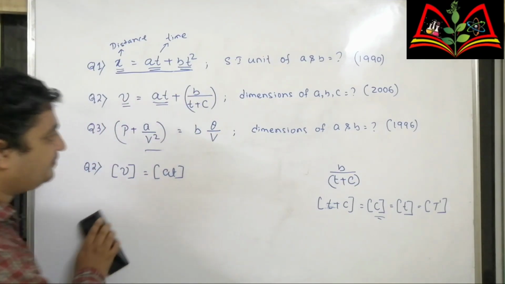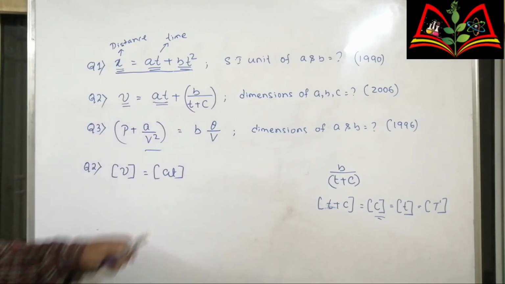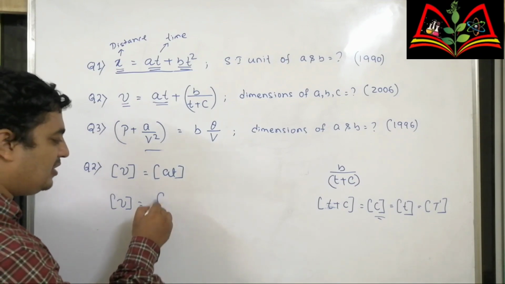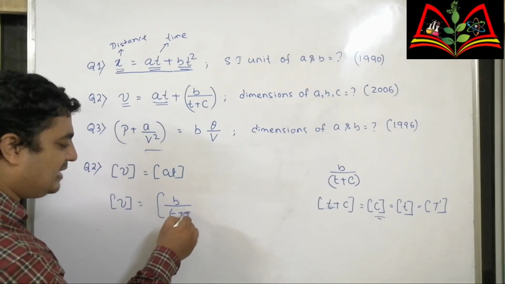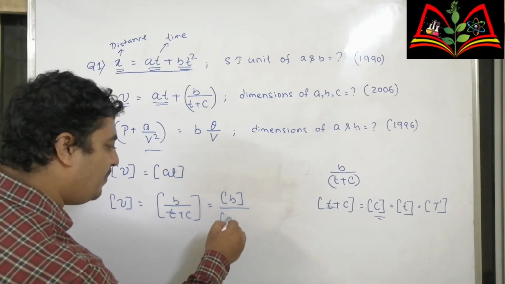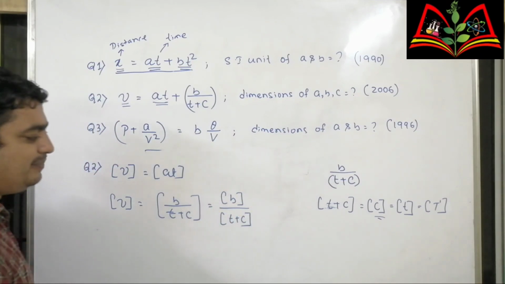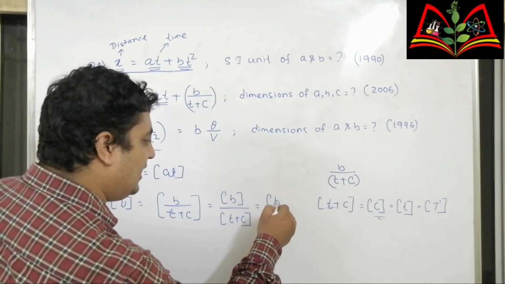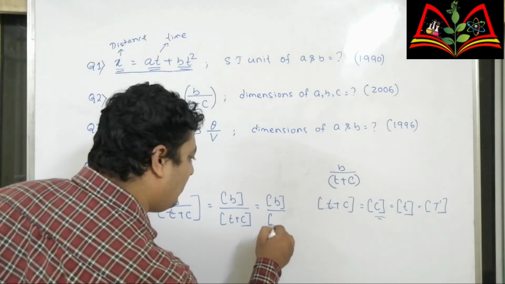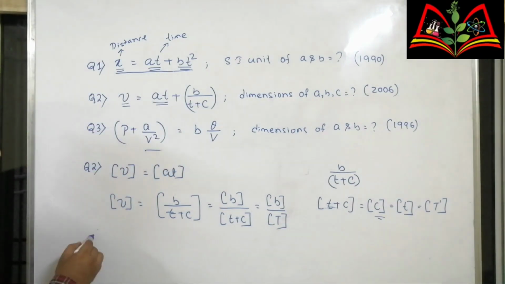How we can find? Now compare these two terms. Dimension of V is equal to dimension of B by T plus C. We can write it as dimension of B by dimension of T plus C. Now we already know dimension of T plus C is equal to dimension of time.